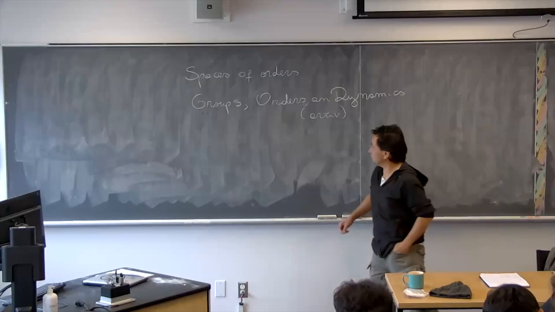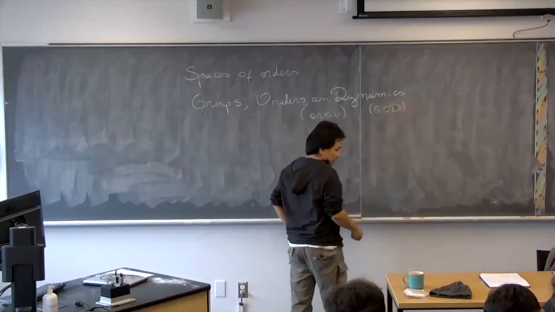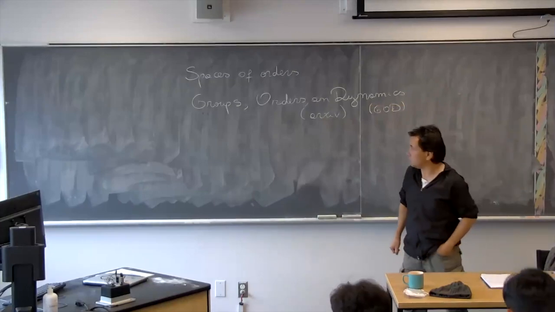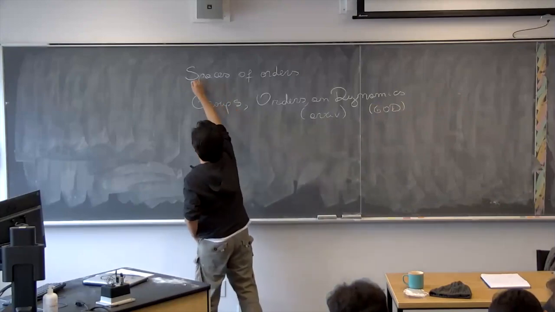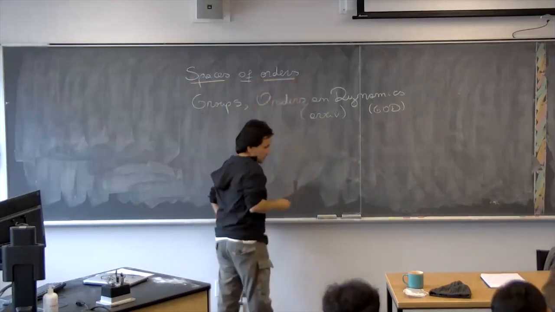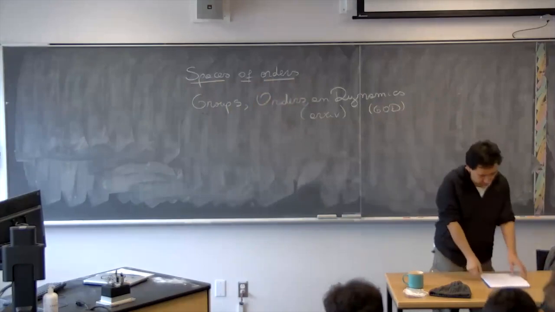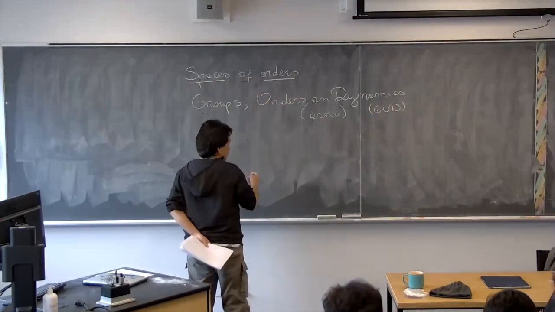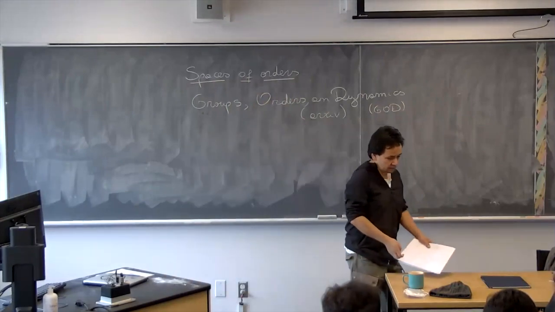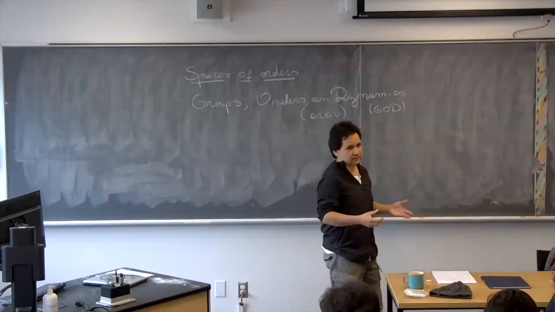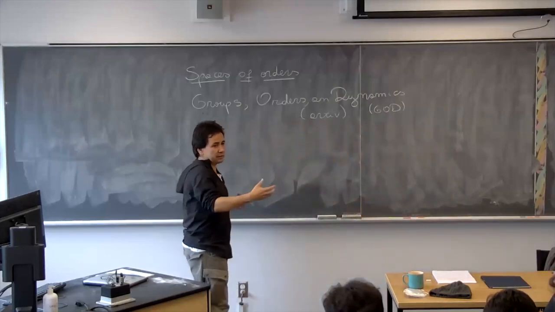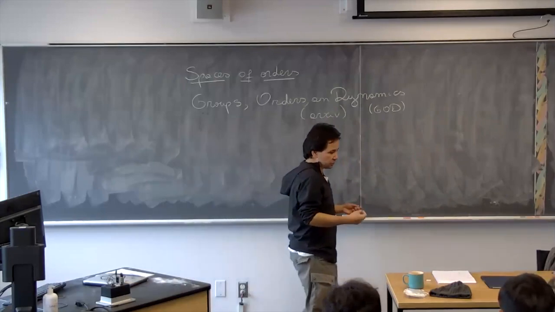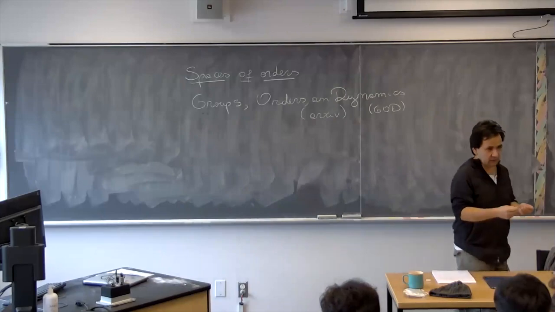Okay, so this is what we can go: orders and dynamics. I think Adam already introduced the space of orders. This is very natural stuff. When you have a group with an order, maybe there is some order which is better than the others, and it is hard to detect a priori an order which is better.